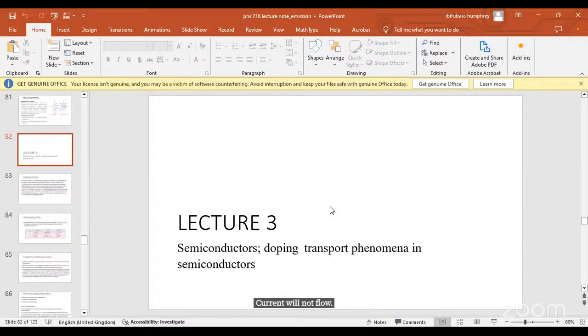The movement of electrons is what constitutes current. For insulators, the electrons are bound to their crystal lattice, so they are not free to move.